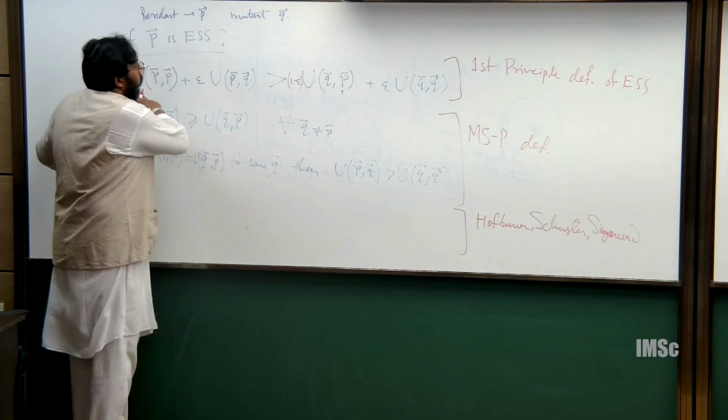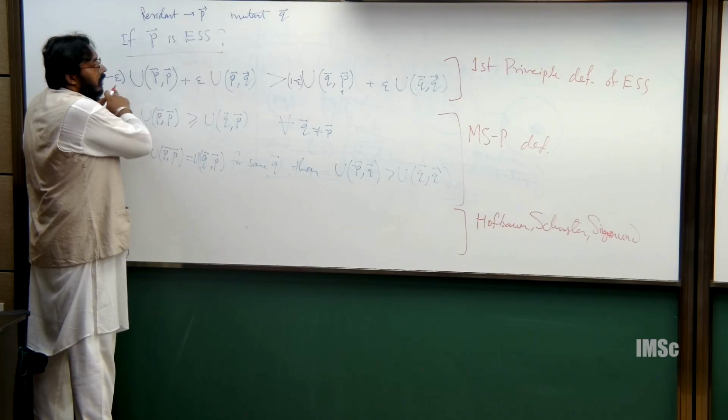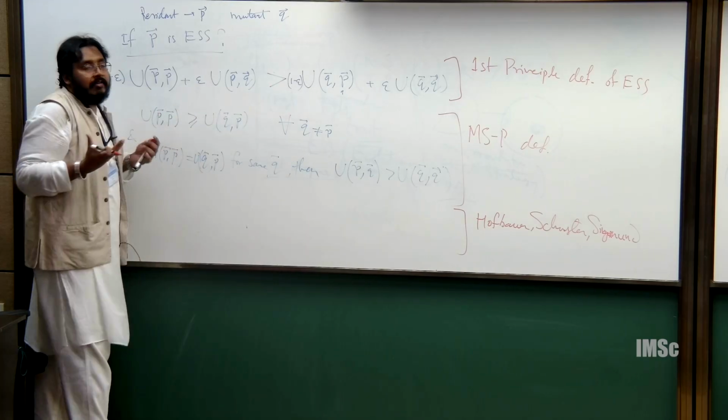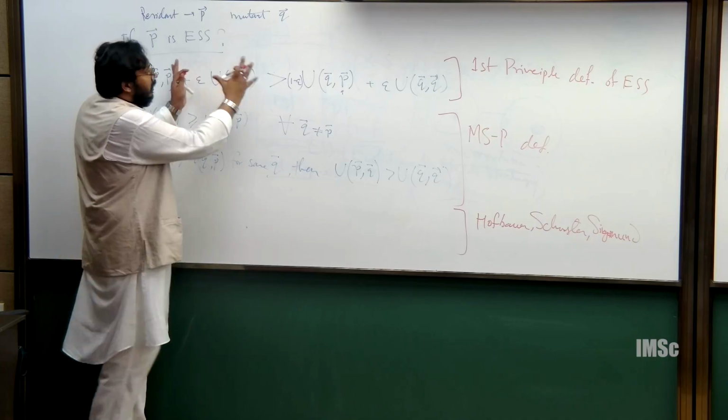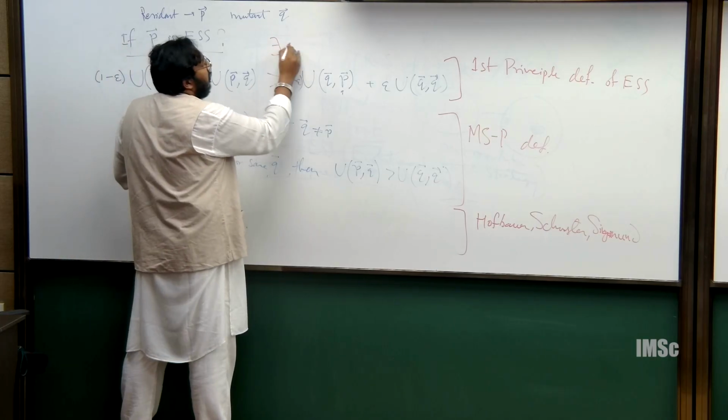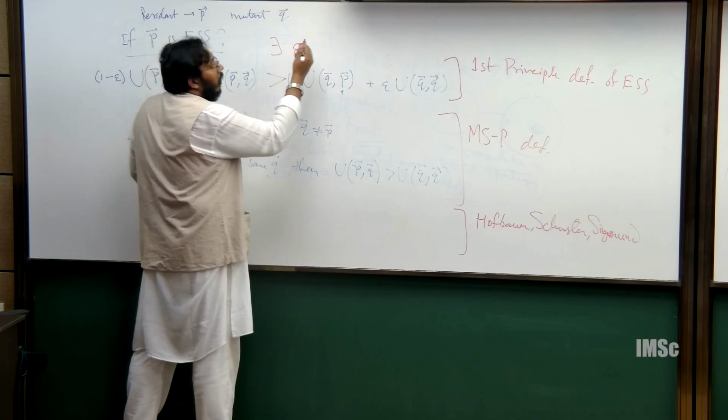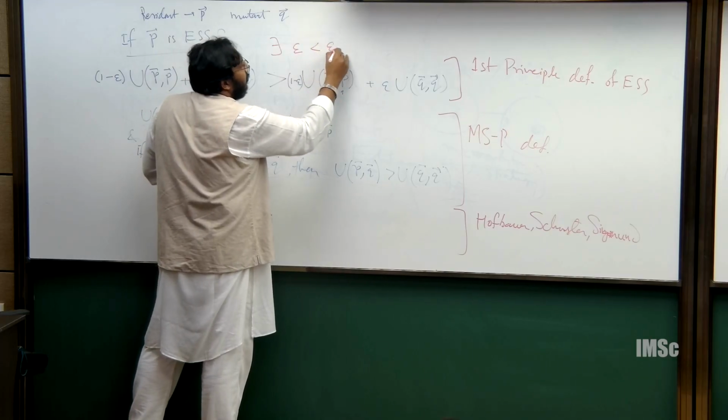By the way, when I talked about this epsilon, I did not say what is the value of epsilon. So you basically say here that there exists some epsilon which is less than some threshold epsilon.